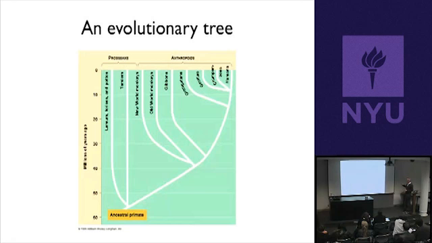And what you can see is here we are, humans, and we're most closely related to chimpanzees, then to gorillas, then to orangutans. And this has a scale of millions of years, okay? And so, for example, we know that humans and chimpanzees shared a common ancestor about 5 million years ago. Okay, that means a single ancestor that was probably something that looked chimpanzee-like gave rise to every single human being and every single chimpanzee.